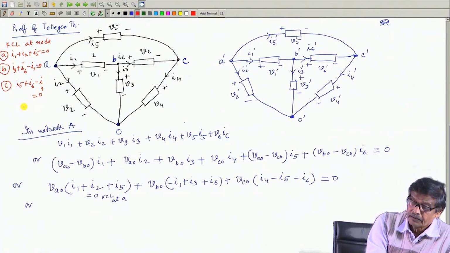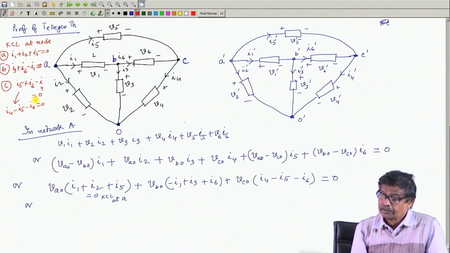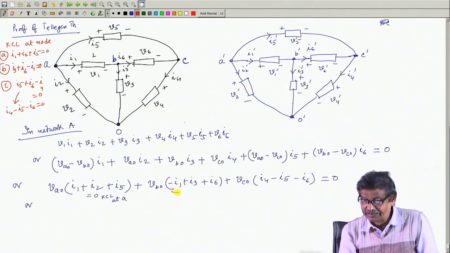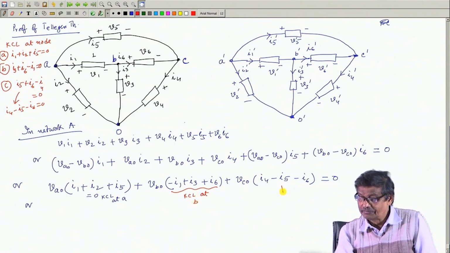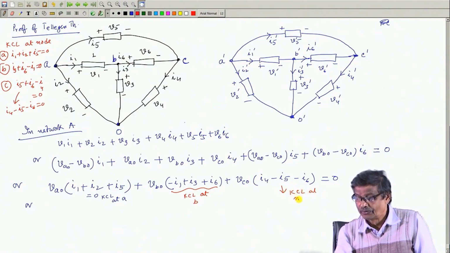Is not? Which of course means, if you take this to the other side, I4 minus I5 minus I6 is equal to 0, same thing. Therefore, you see this is KCL at A. Similarly, this term is KCL at node B, and this term is nothing but KCL at node C.